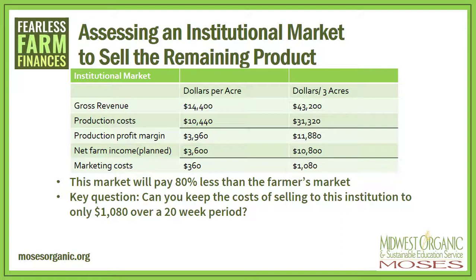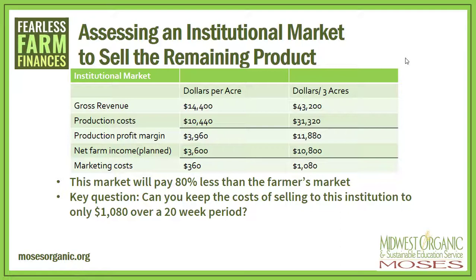Rather than $18,000, you could expect $14,400 per acre. So when we went back to doing your goals, that's where we're going to make the adjustments. Right here on this total gross revenue, instead of the $18,000 that we wanted for the farmer's market, you're going to make an adjustment to $14,400.